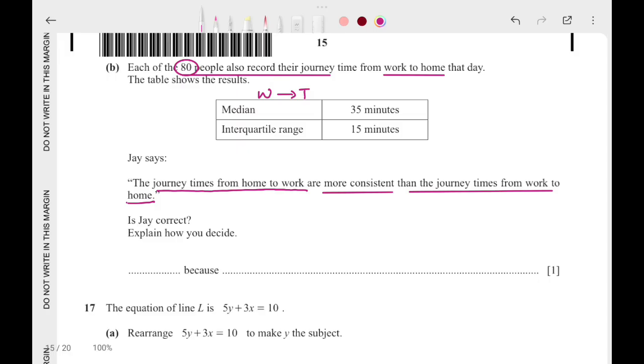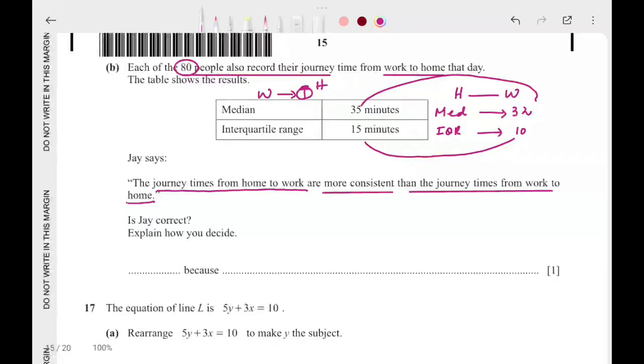So first of all, we have to see our journey from home to work. The median was 32 and the interquartile range was 10. So just see the comparison of median and interquartile range.